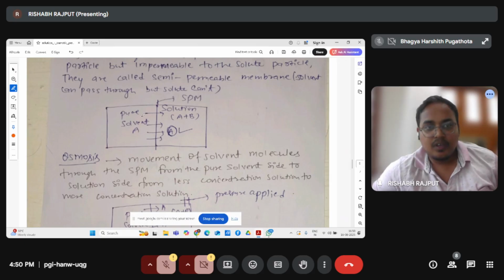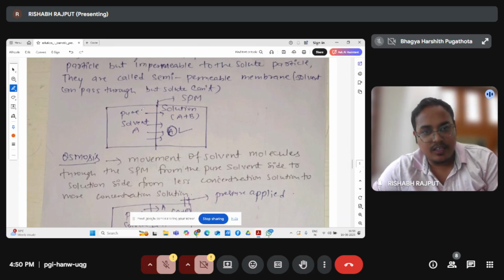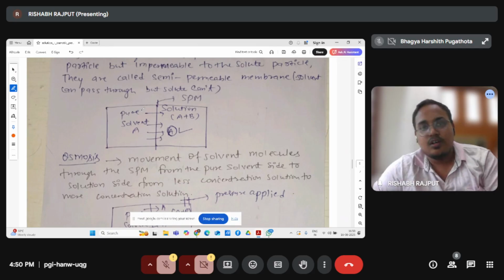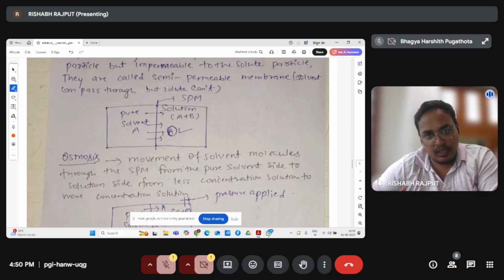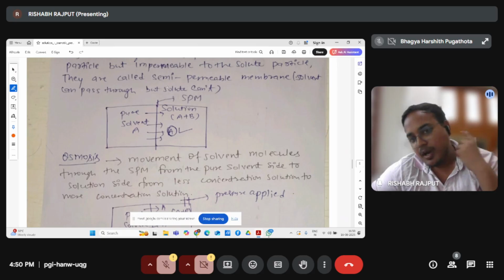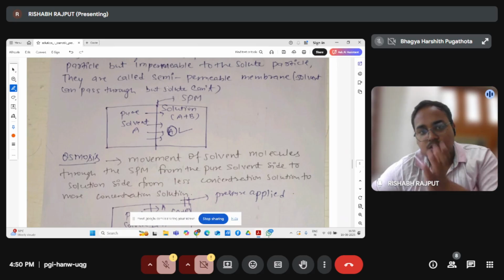Only the pure solvent particles from the left side are moving to the solution. Don't think otherwise: in the solution you also have pure solvent A, which is also moving. Only the pure solvent side's A particles are moving to the right side.